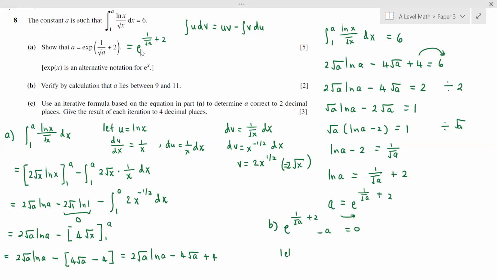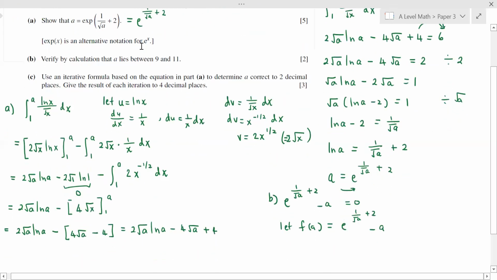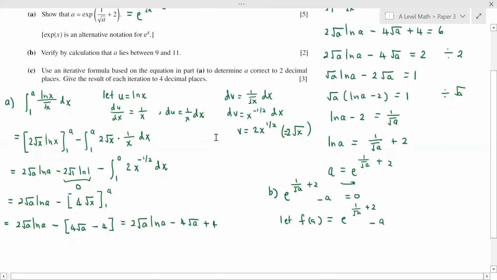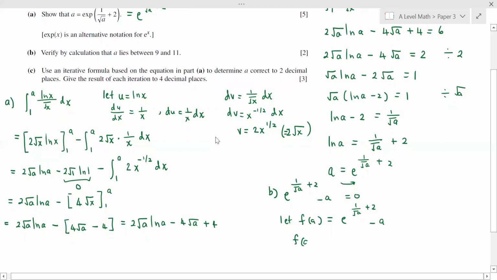So I let f of a be e to the 1 over square root of a plus 2 minus a. I need to show that the 0 is in between f of 9 and f of 11, so I find f of 9 first.